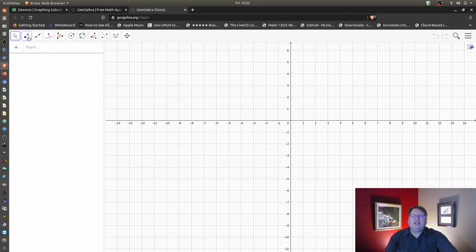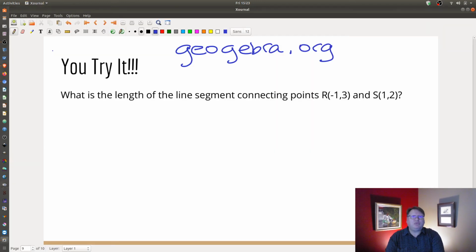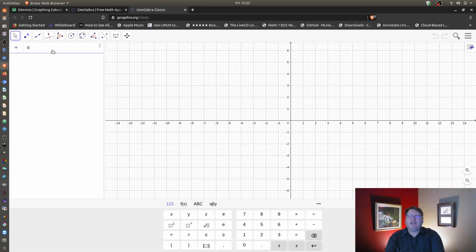I can actually click on points in the coordinate plane, or I can type them in. And since I don't remember the notation for typing them in, I'm going to try notation. If it screams at me, no problem. I can retype it. Okay, so let's go back and grab one of our points. So I'm going to switch back over. We have point R is -1, 3. So I'm going to try typing R as -1, 3.